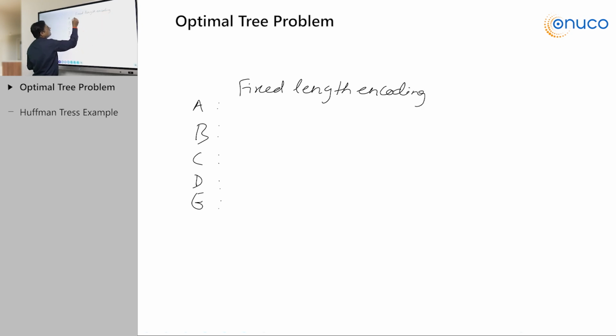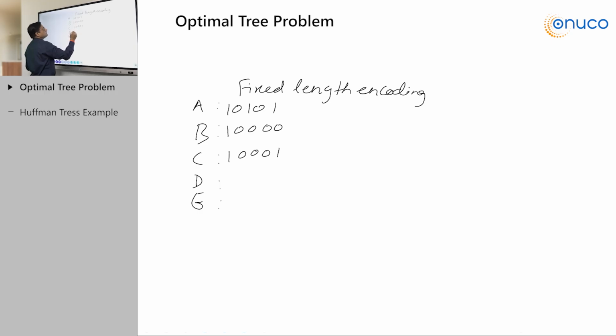A is written as 0 1 1 0 0 1. Similarly, B is written as 1 0 0 0 0. C is written as 1 0 0 1.